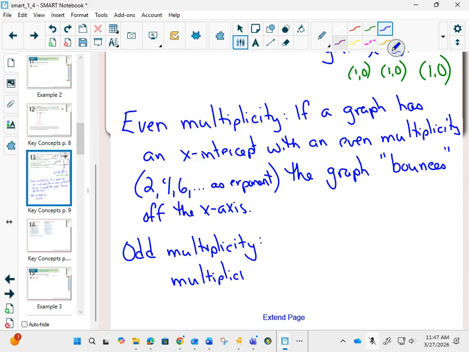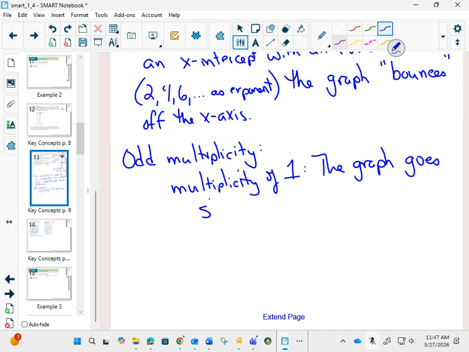The one that we have seen the most is that if you have a multiplicity of 1, the graph will go straight through the x-axis. Just goes right through that point. Nice smooth line right through that point.